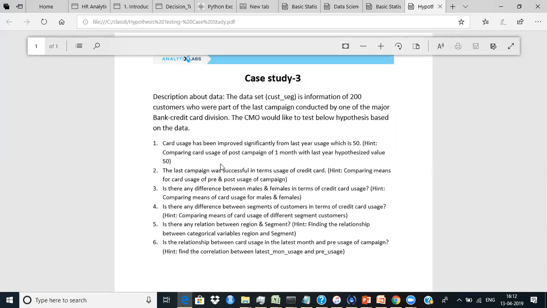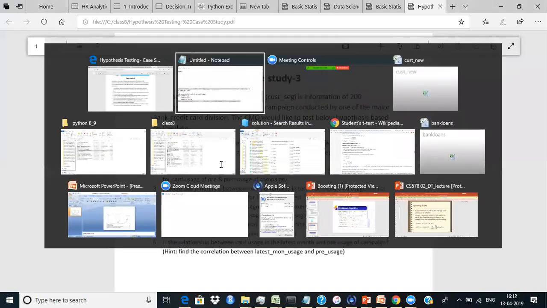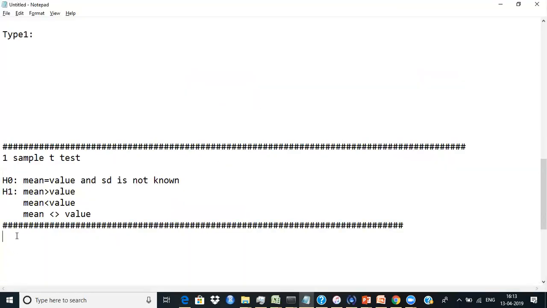Here, we have two samples coming from the same observation, right? Each customer will have a before value and an after value. So each customer gives you a pair of values, so we use a paired sample t-test. So how do you identify a paired sample t-test?